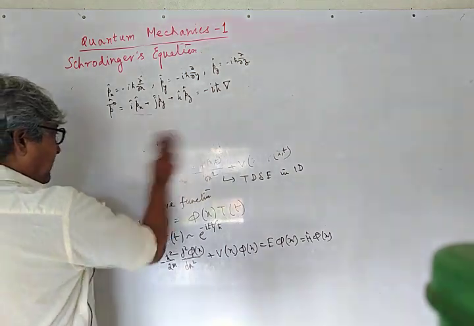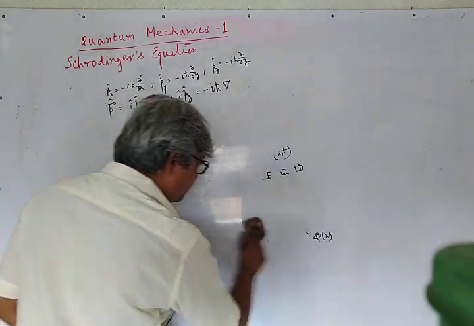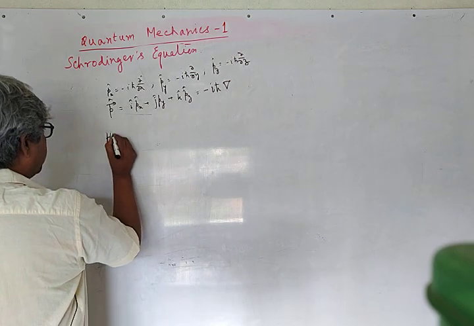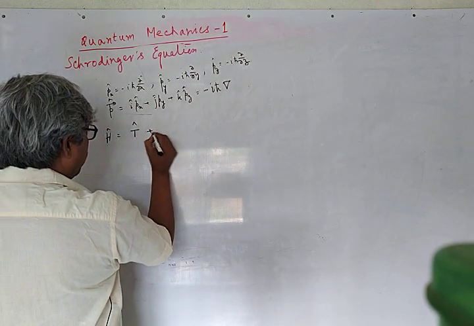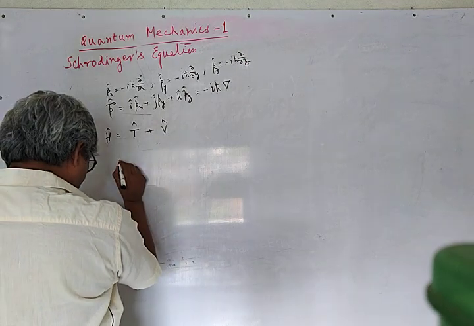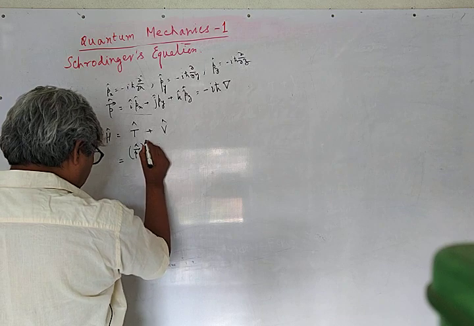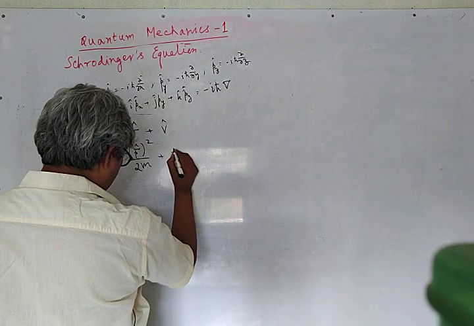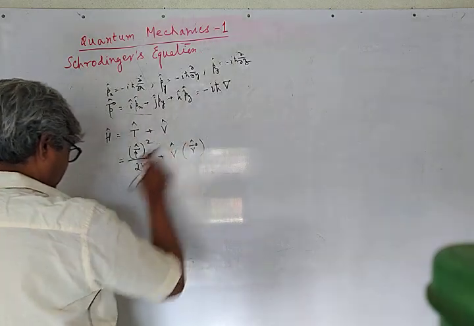So for a particle of mass m under the action of a conservative force field, the Hamiltonian of the particle is T operator plus V operator. T operator is the P vector operator operating twice, divided by twice m, and V is a function of vector r, and they are operators.